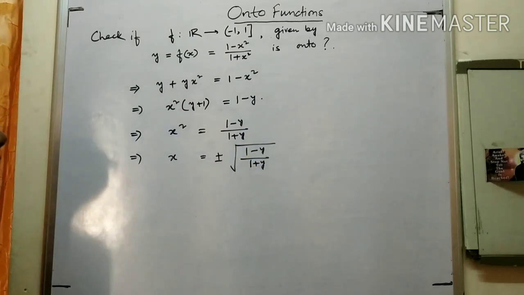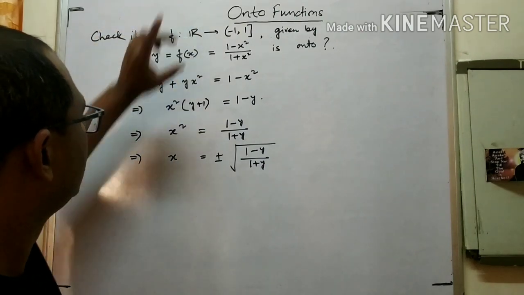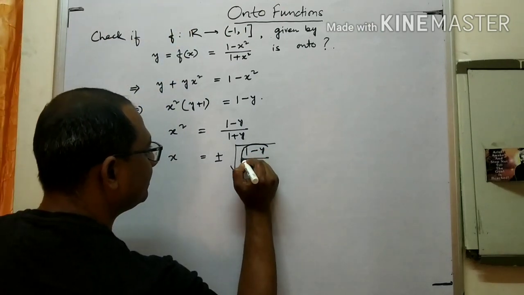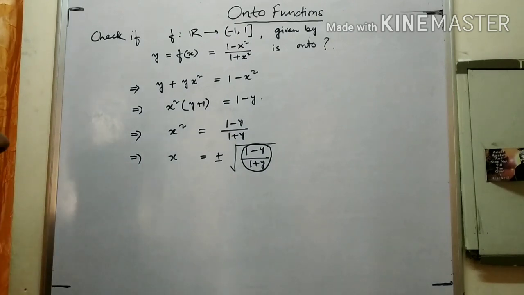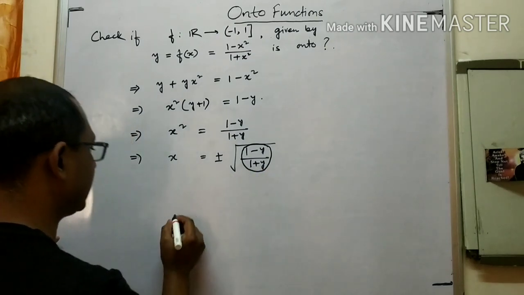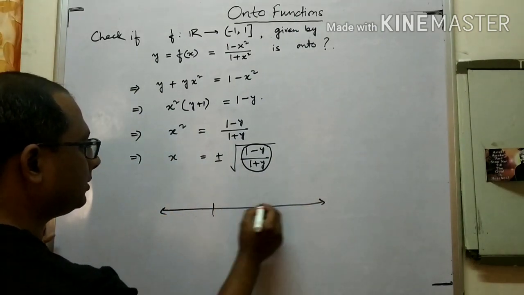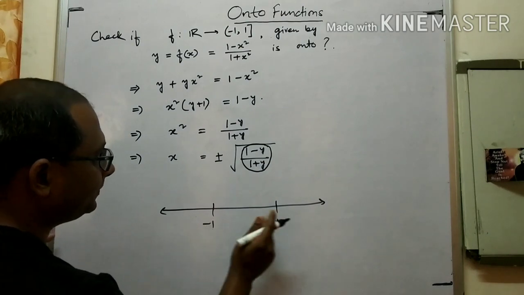Now we have to check for what values of y this x will be in the domain. For x to be a real number, the value lying under the square root has to be positive. Where it is positive can be very easily found from the wavy curve method. The critical points are minus 1 and 1.